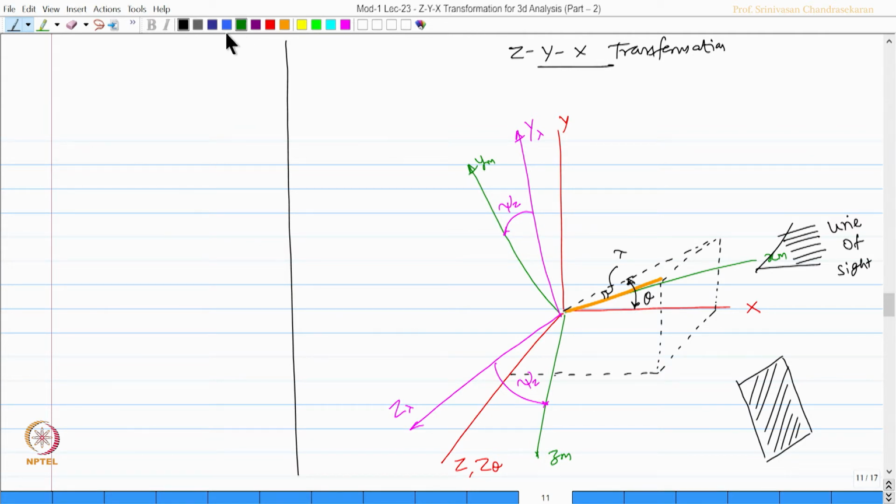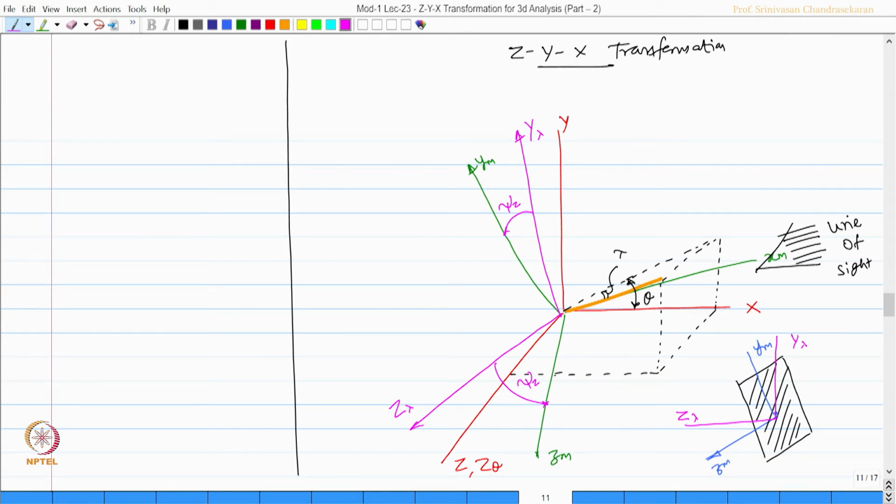I mark the local axis y m vertical, because x m is looking through, y m is vertical, and z m is to my left. Y alpha is to my right, of y m. So, y alpha and z alpha. Y lambda and z lambda.